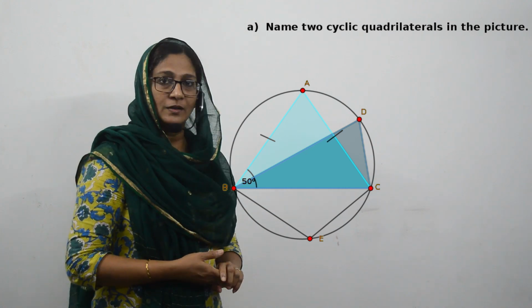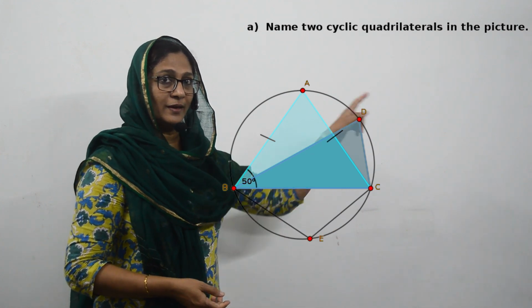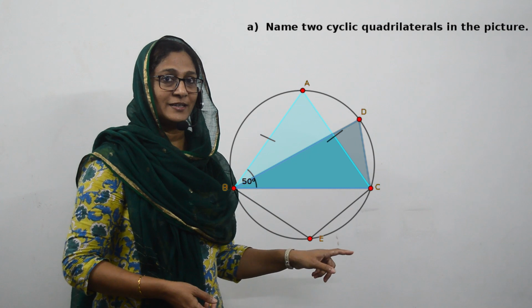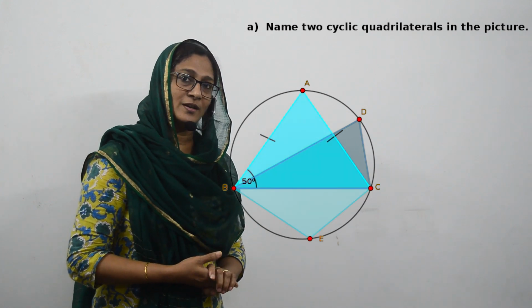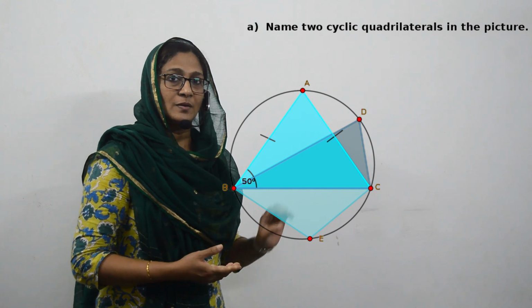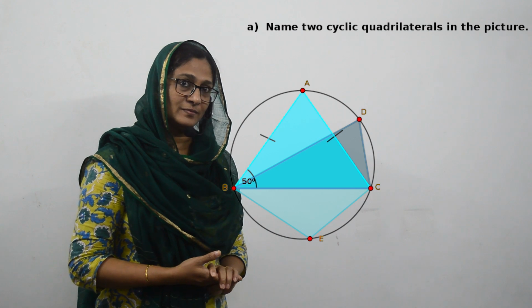Yes. Look at the points on the circle B, A, C and E. They join to form a quadrilateral. So, BACE is a cyclic quadrilateral.